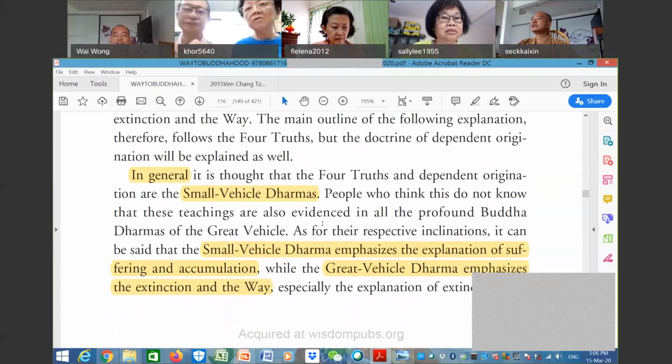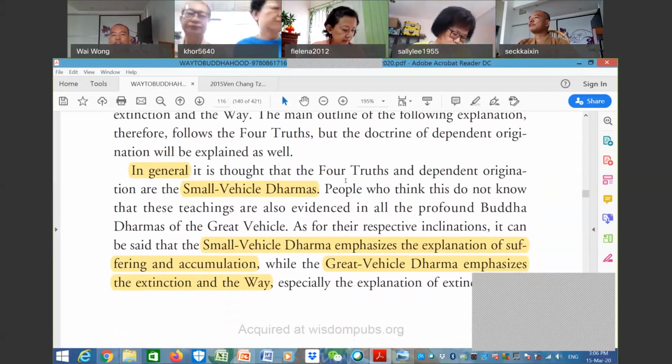In general, it is thought that the four truths and dependent origination are small vehicle dharma. Class, please, we no longer use "small vehicle", especially when we talk about Theravada. This is a sarcastic remark.